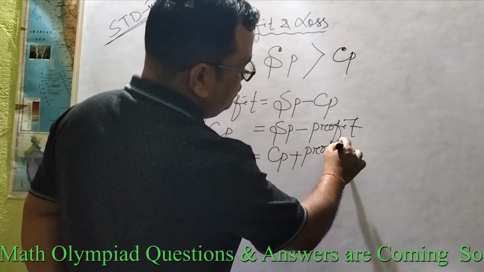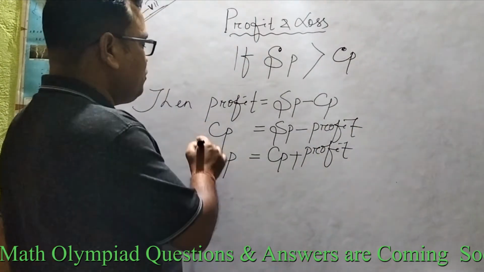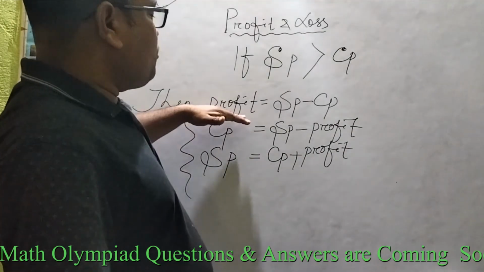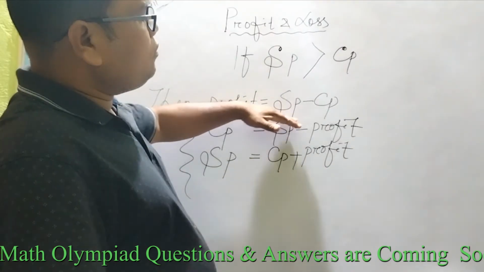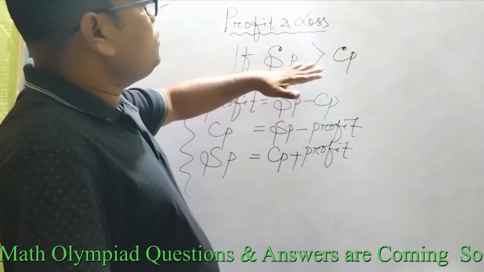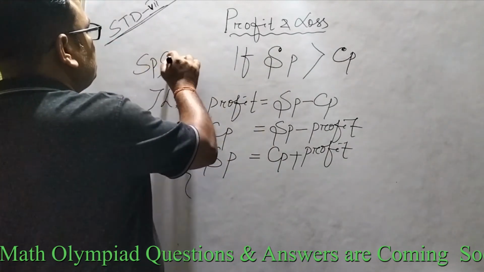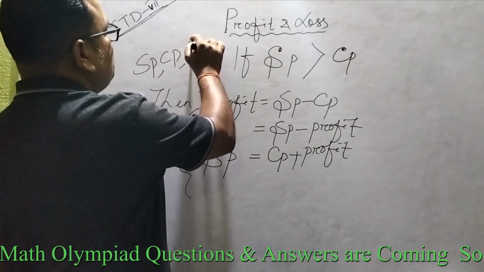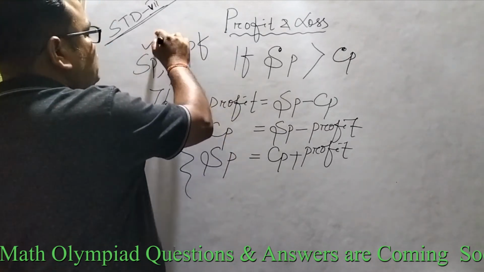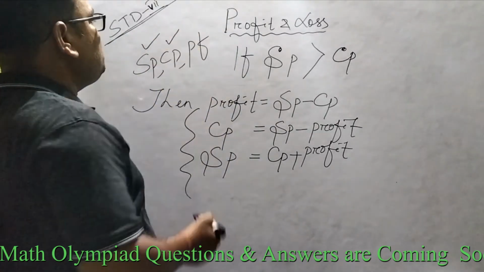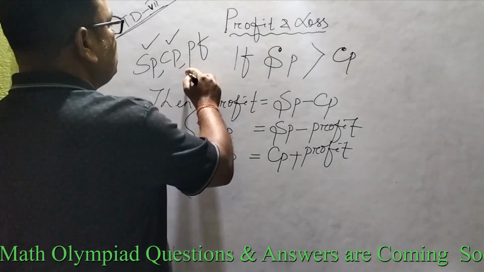How to remember this one? I will give you a trick. Profit is the greater amount minus the smaller amount. Three things are coming: SP, CP, profit. SP is the greater amount, CP is smaller than SP, and this is the profit amount.